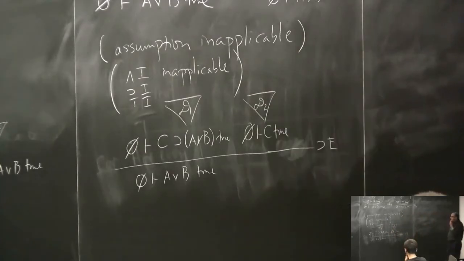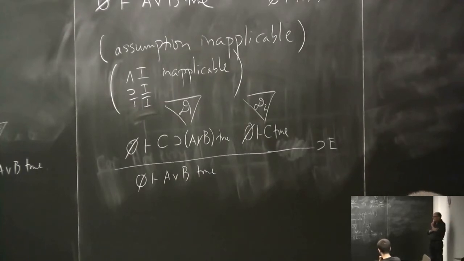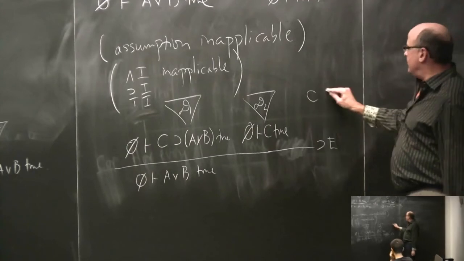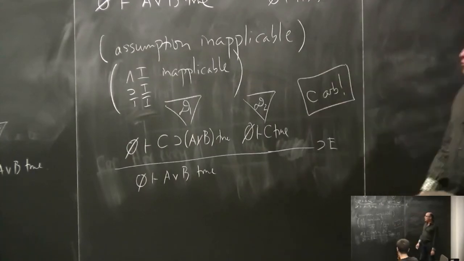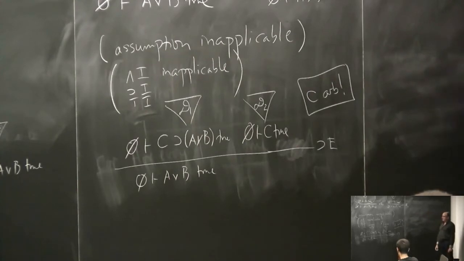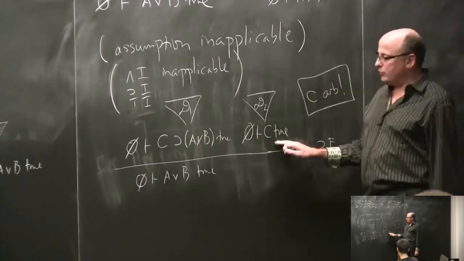Now, of course, you're starting to sweat, because now we're in trouble. Why are we in trouble? Because C is completely arbitrary. You have no control over what C there could possibly be that was sufficient for a disjunction that I can prove.